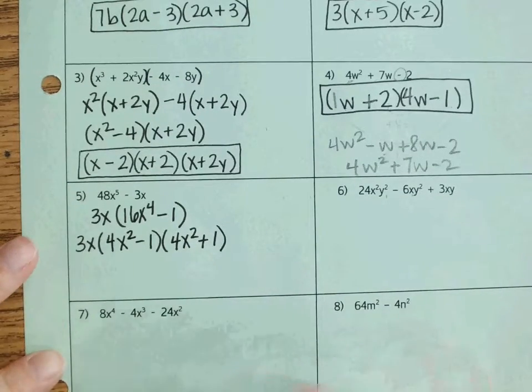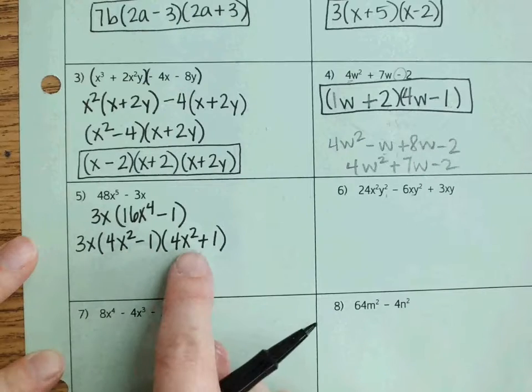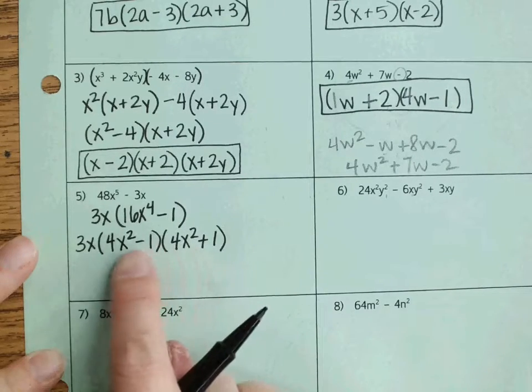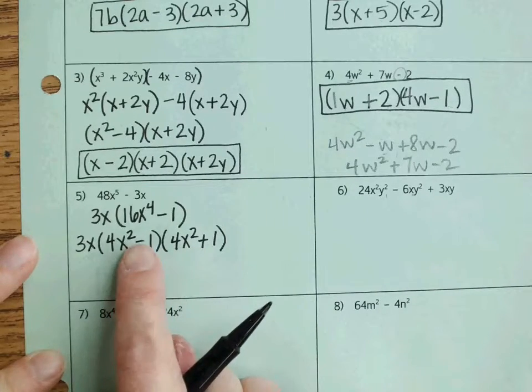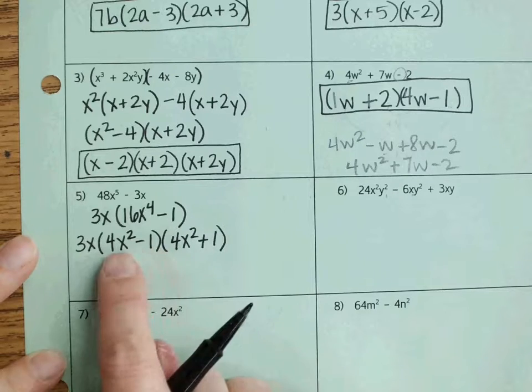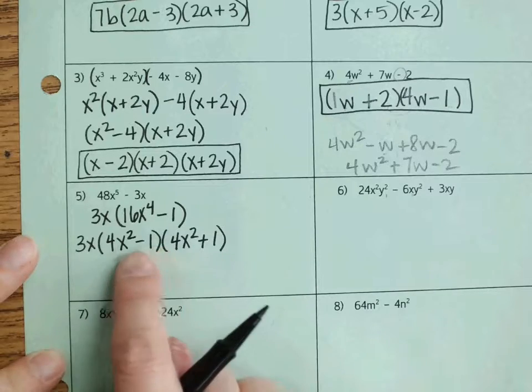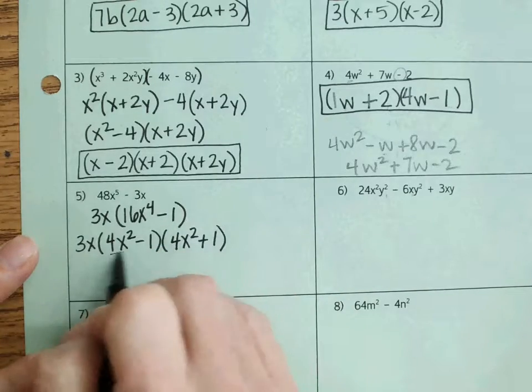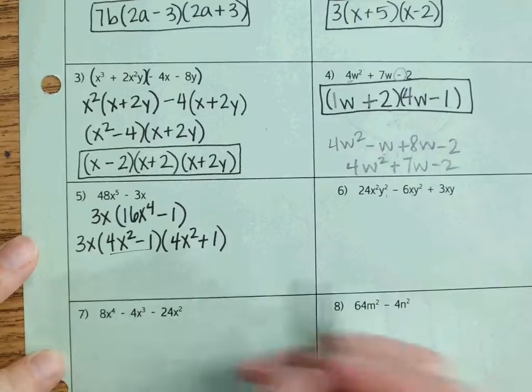Before I box in my final answer, again, let's double check if there's anything else we can factor. Again, when I see two terms with a minus sign in the middle, I want to always see if I can find the square root of both the first term and the last term. And I can, okay? The square root of 4x squared is 2x. The square root of 1 is 1. So this one can get factored one more time.